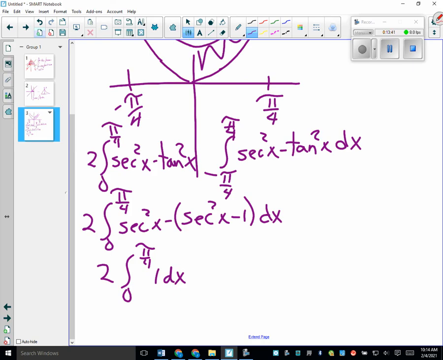So is this 2 times x from 0 to pi over 4? Why would it be negative? Well, you're not distributing. Why aren't you distributing this negative? So isn't it pi over 2?